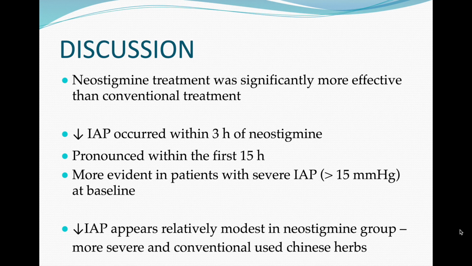It is thought to be a very good drug in reducing the IAP, as there is already a study showing that it is quite effective in reducing the IAP of patients. So that is why there is a relatively modest reduction in IAP in the Neostigmine group compared to the conventional treatment group, because the conventional treatment used these Chinese herbs in most of the cases.